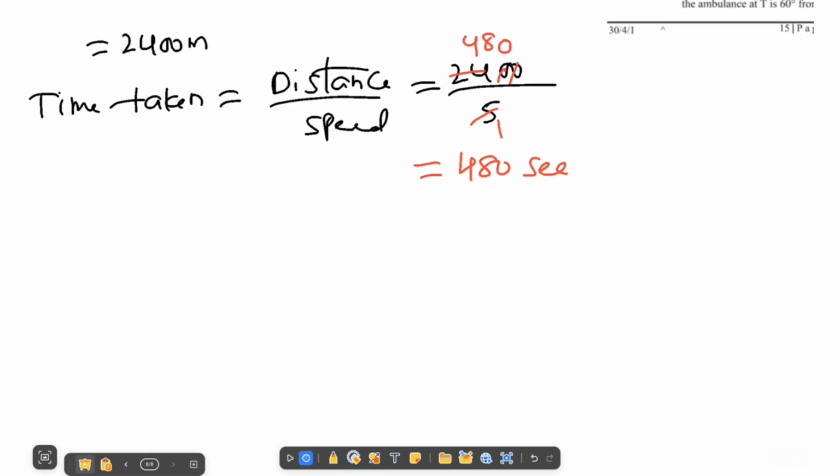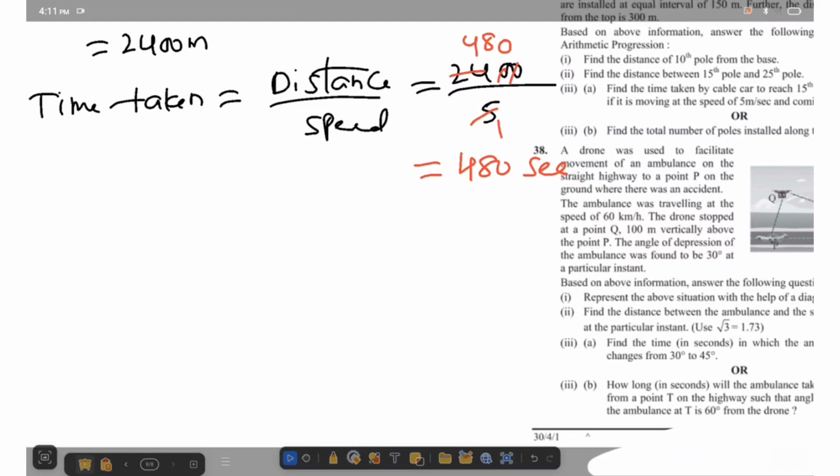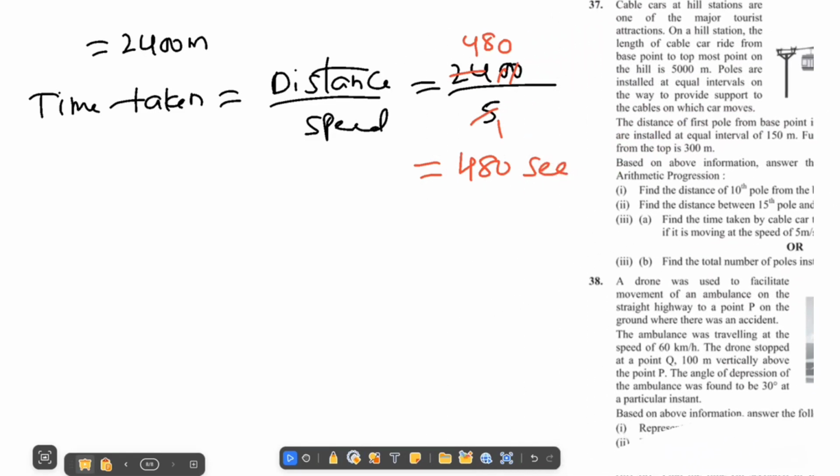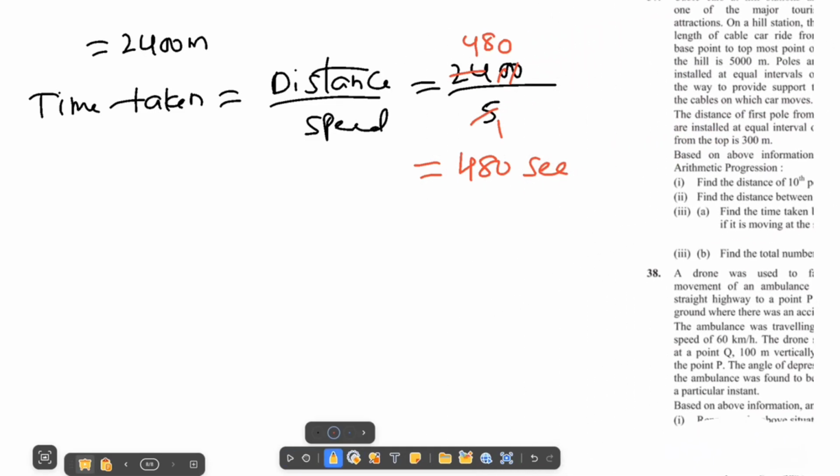Next. So what is the next, third B question? Find the total number of poles installed in the entire journey.